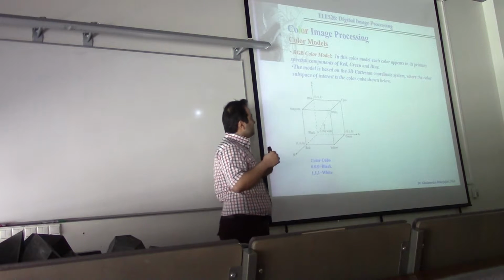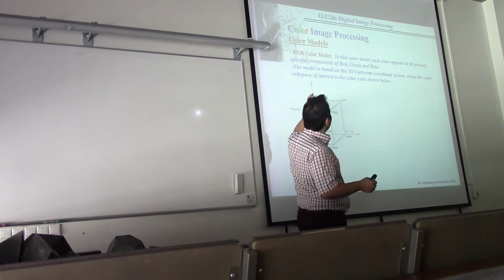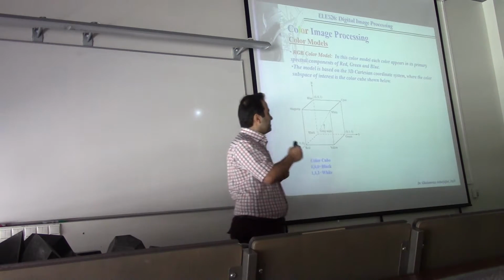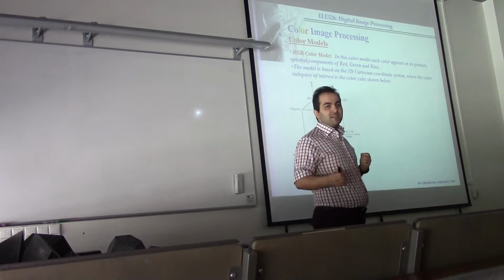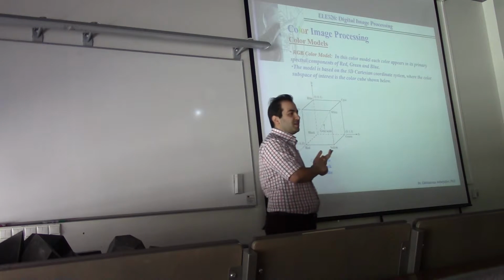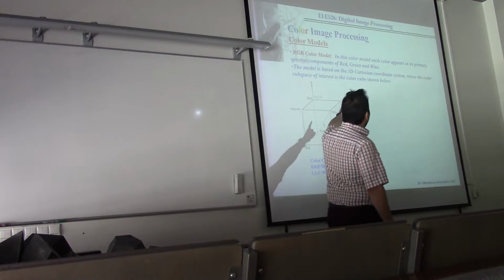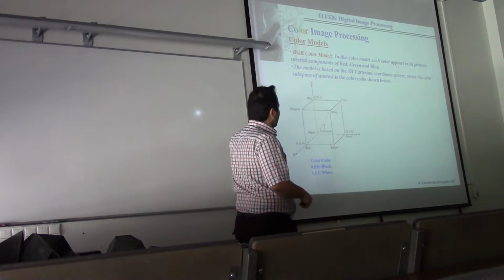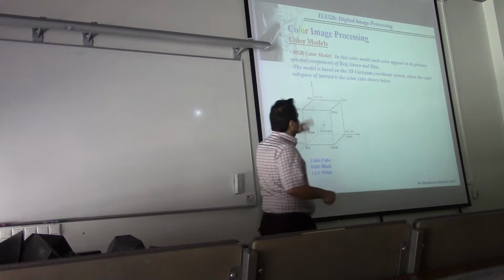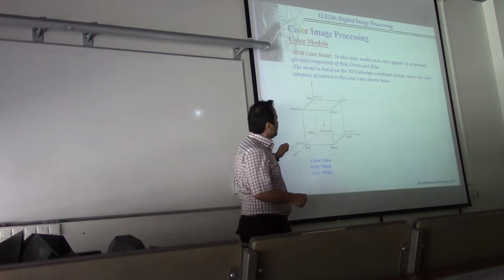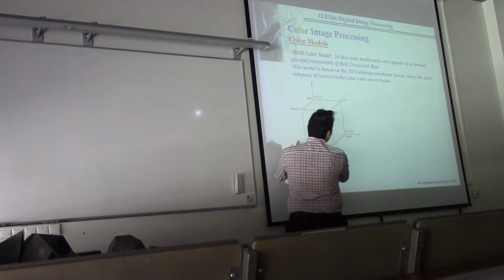One of these models is the RGB color model that uses the primary colors red, green, and blue, based on 3D Cartesian coordinates, and we can see here the simulation of this.